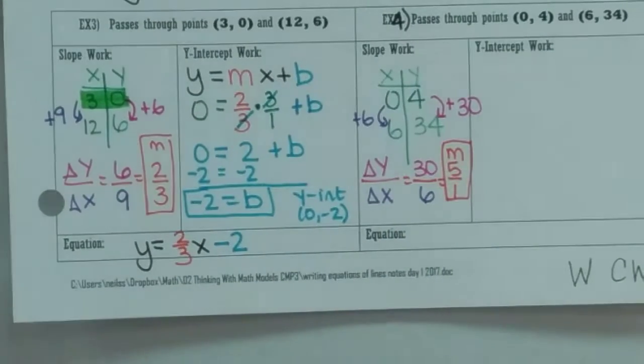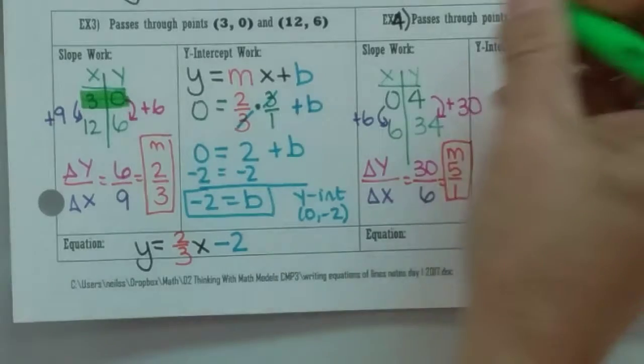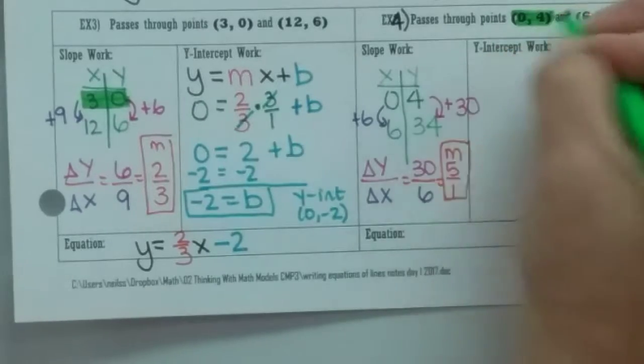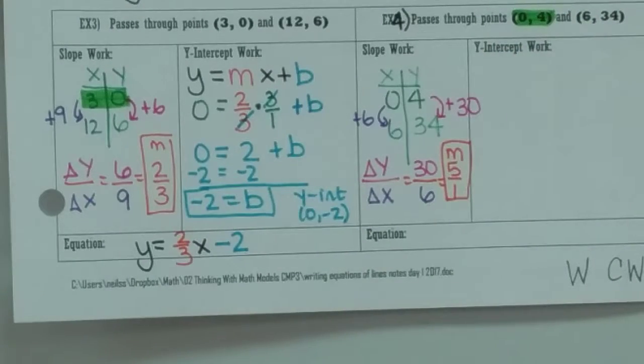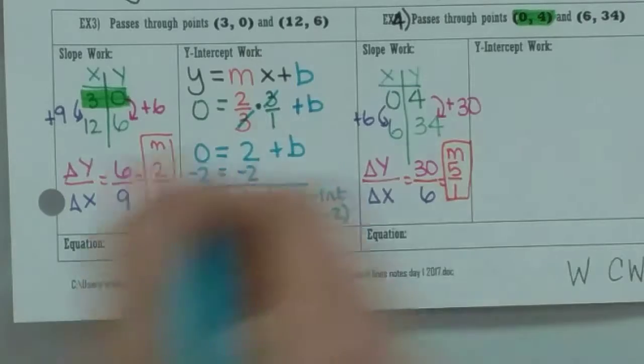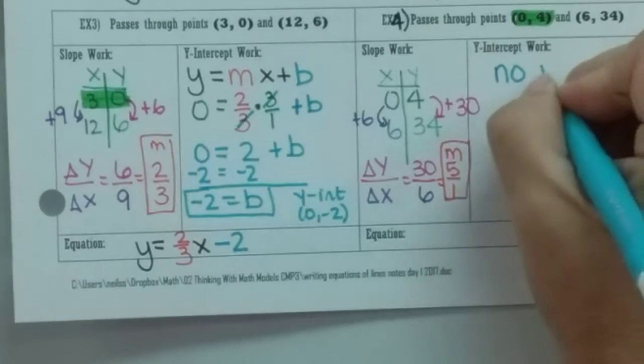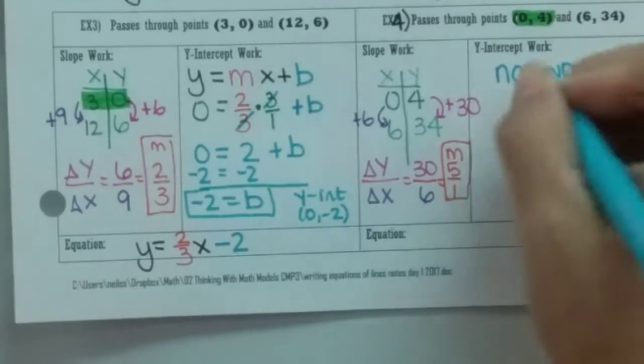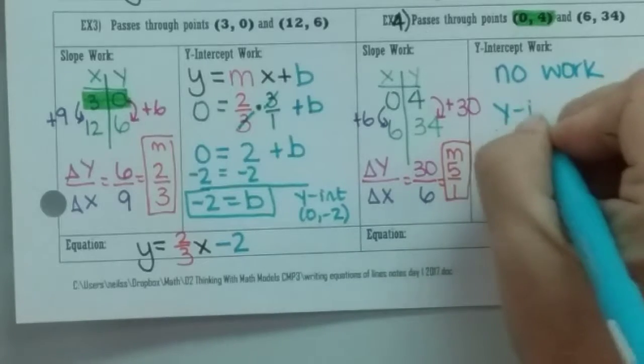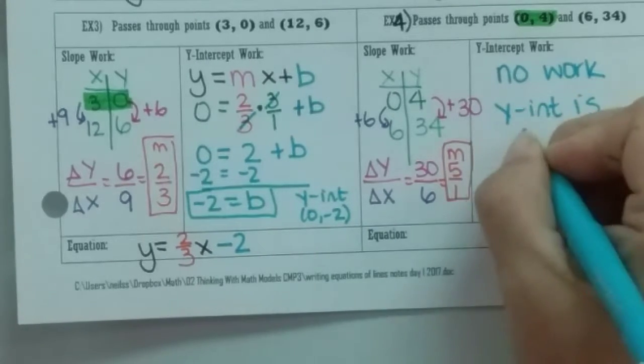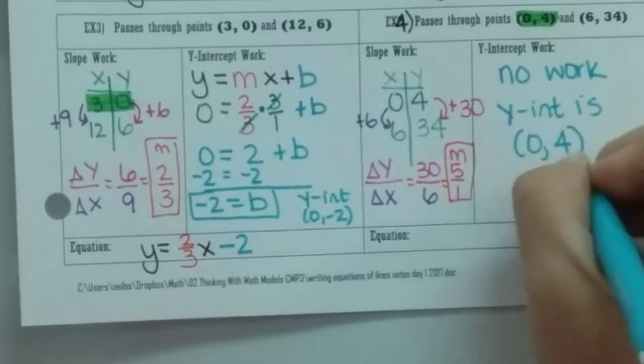Now, did you figure out why you have less work? You have less work because you were given the y-intercept right here. 0, 4, you don't have to figure that one out because it was given. Okay, so no work. Y-intercept is 0, 4.